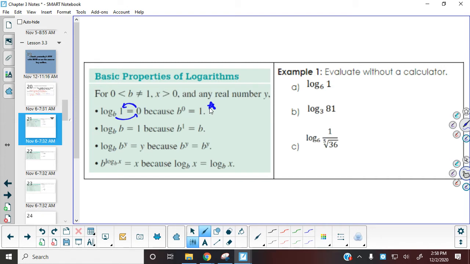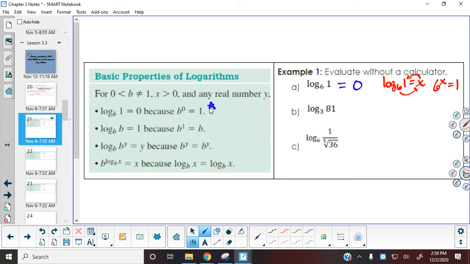And so that makes sense that anytime you have log of any base of 1, that's going to equal 0. Again, that's because if I were to rewrite this, a lot of times this is my thought process, log base 6 of 1, I let that be whatever, and then I solve. So that becomes 6 to the x power equals 1, and so I ask myself, what is that power?